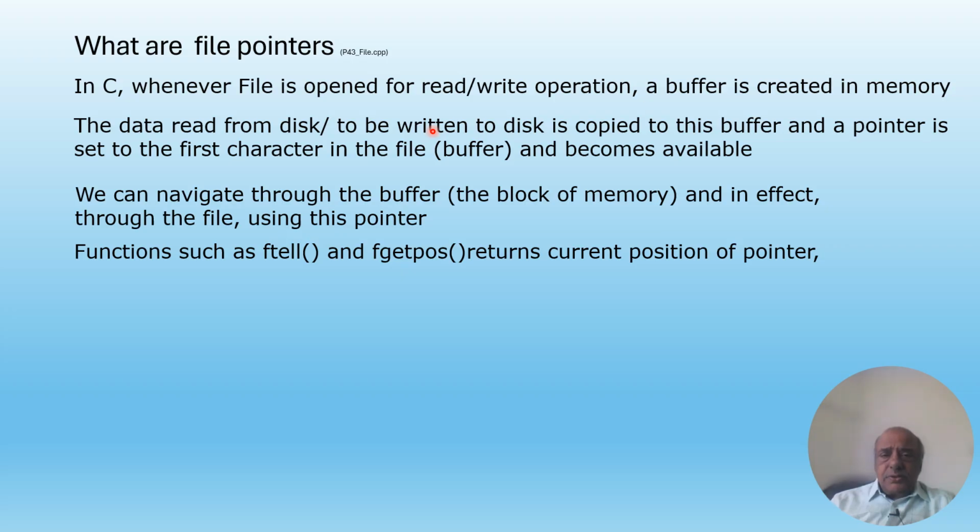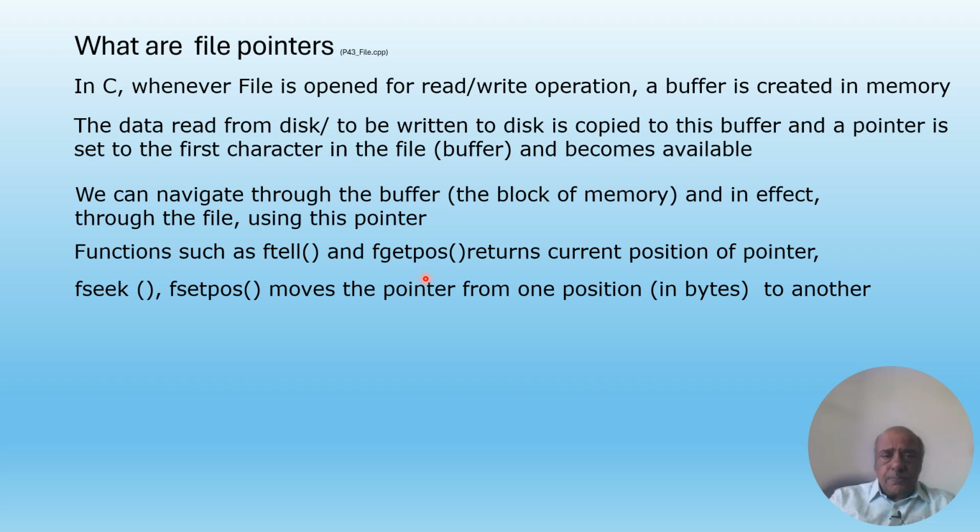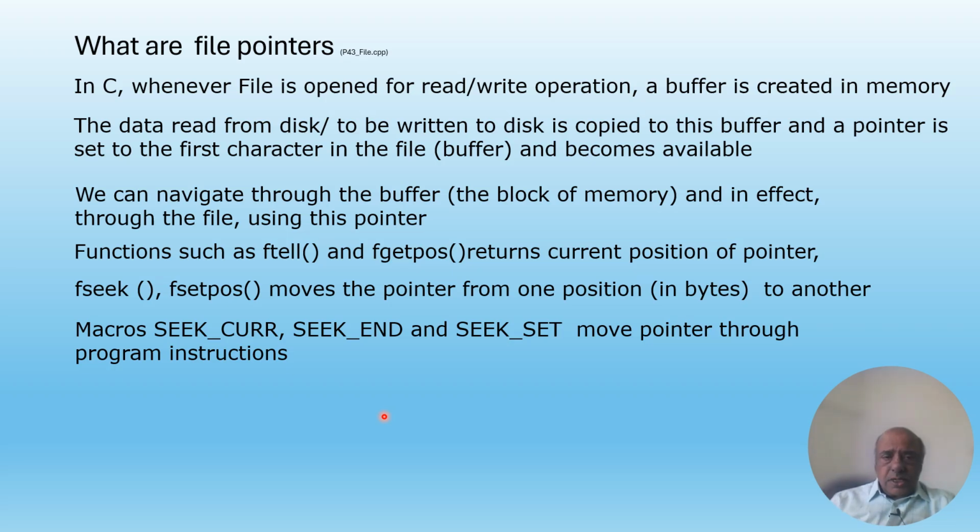There are many functions in C such as ftell and fgetpos. These are the two functions which will return the current position of the pointer. Then there are fseek and fsetpos functions which move the pointer from one location to another. Then there are macros SEEK_CUR, SEEK_END, and SEEK_SET.